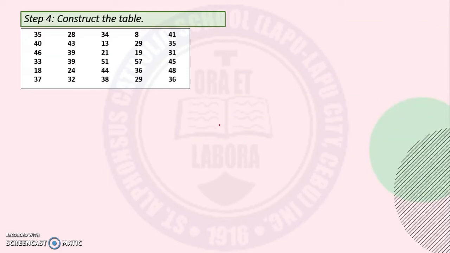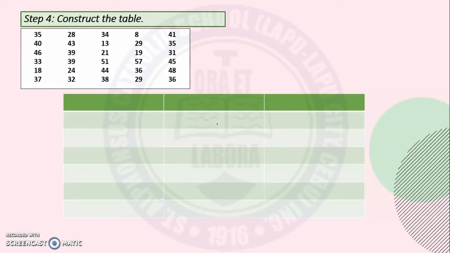Okay, Step 4 is to construct the table. So, to construct a table, we should determine the number of rows and the number of columns that we should draw. Now, in a frequency distribution table, we have 3 columns. The first column will be the class interval, the second column will be the tally, and the third column would be the frequency.